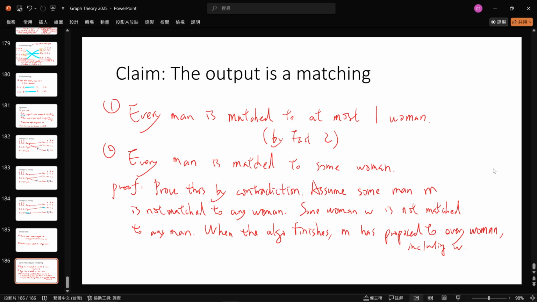So this implies that W has already received some proposal, which implies that W is matched to some man. And this is a contradiction because we assumed that W is not matched to any man.